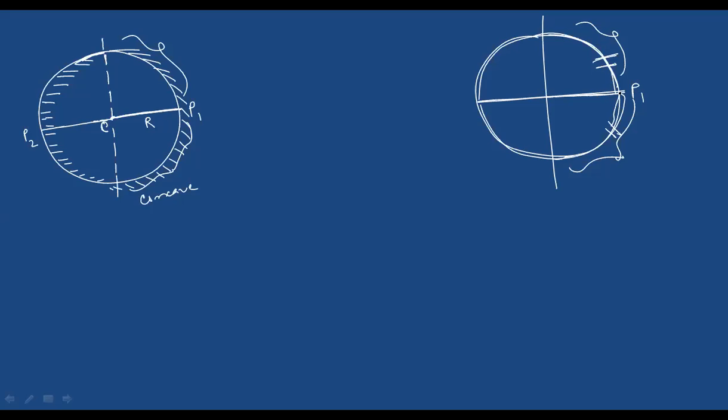So that's why P1 will be the midpoint of the concave mirror. Similarly, P2 will be the midpoint of this part. So P1 and P2 are known as the pole of the mirror. P1 will be the pole of the concave mirror.